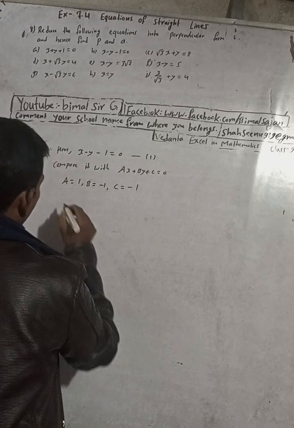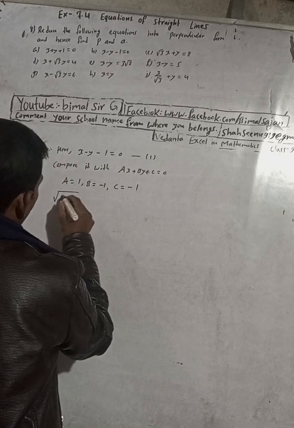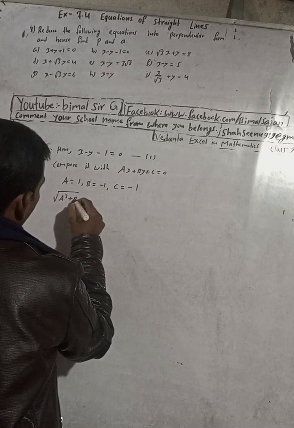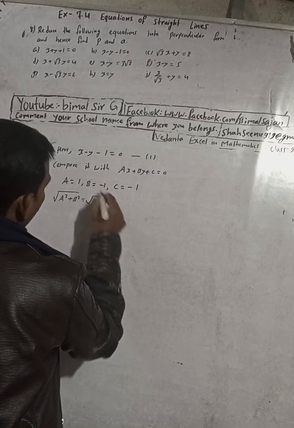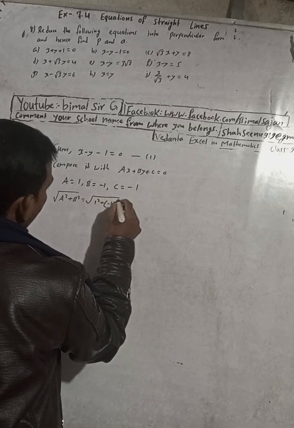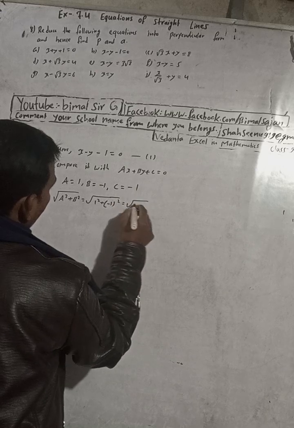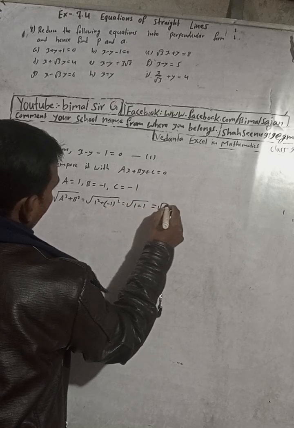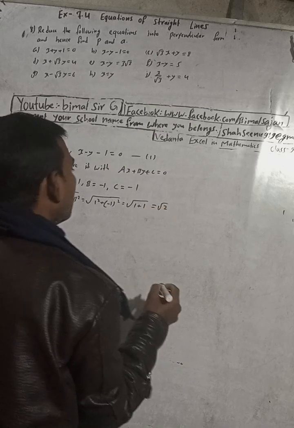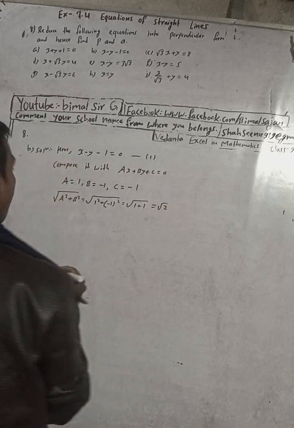Okay, so now root under a square plus b square is equal to root under 1 square plus minus 1 square. So this is 1 square is 1 plus minus 1 square is 1. So this is equal to root 2.